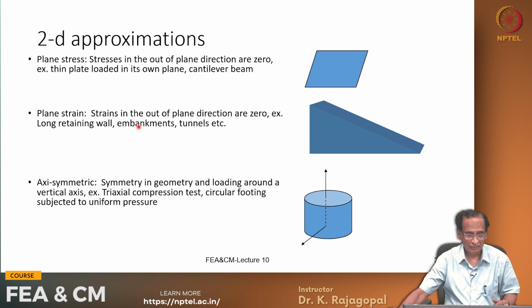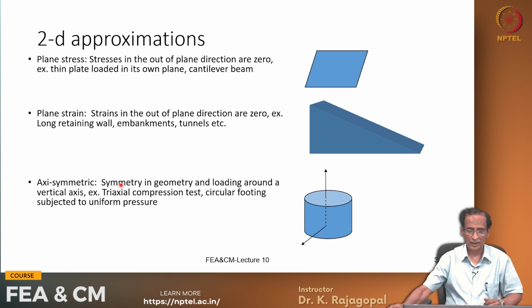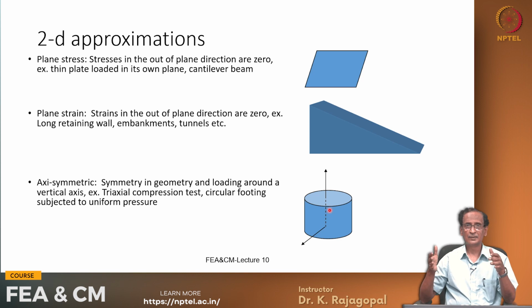And the other case is the axisymmetric, where there is a radial symmetry around a central axis. This radial symmetry is there both in the geometry of the system and also the loading, and then the resulting stress states.